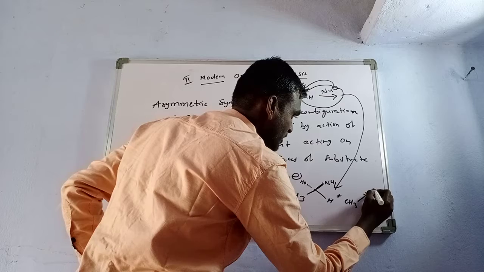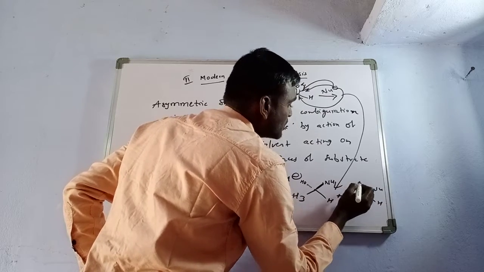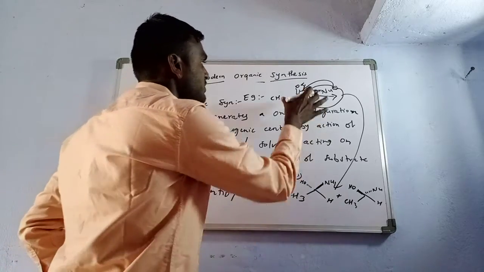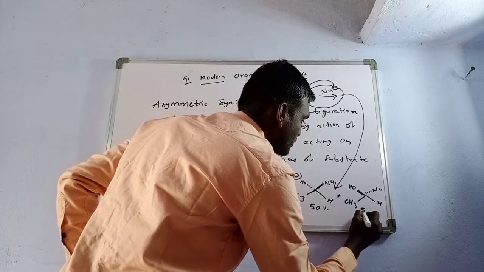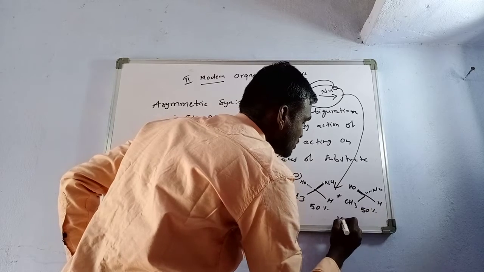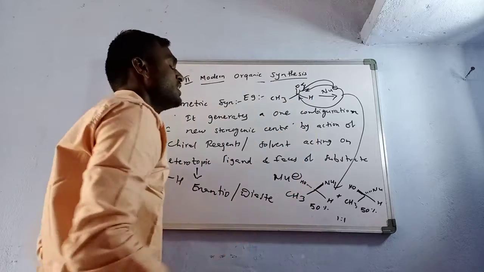The nucleophile attacks the below face and the OH will be a thick line. So there is a 50-50 chance of the reaction. 50% or 50%, that means a 1:1 ratio. It means it is a front side attack or a back side attack.